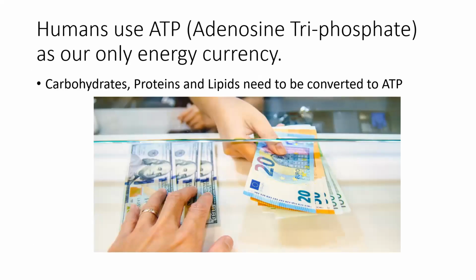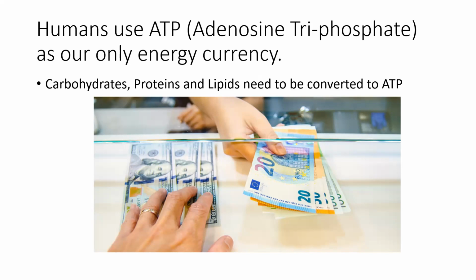Now, here's the thing. We take all of those high energy molecules into our body, but we can't use them in that way. Human beings have to convert carbohydrates, lipids, and proteins to our energy molecule, which is ATP, adenosine triphosphate.